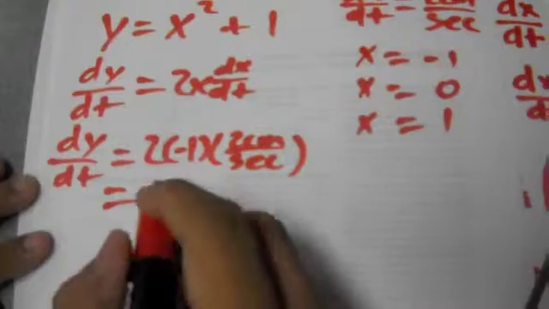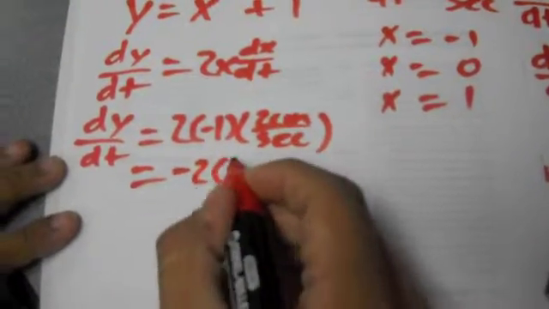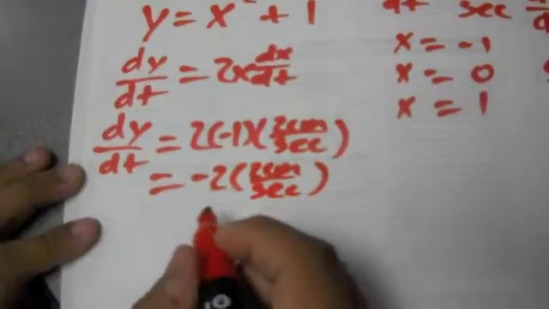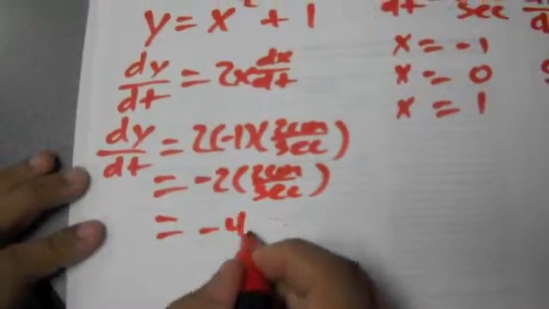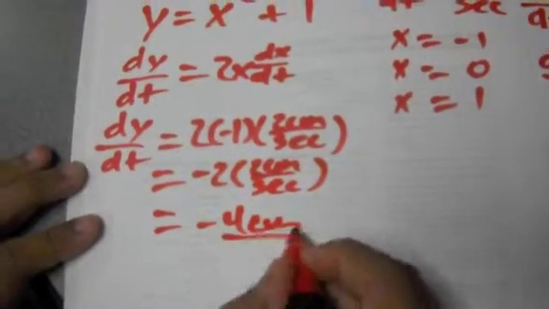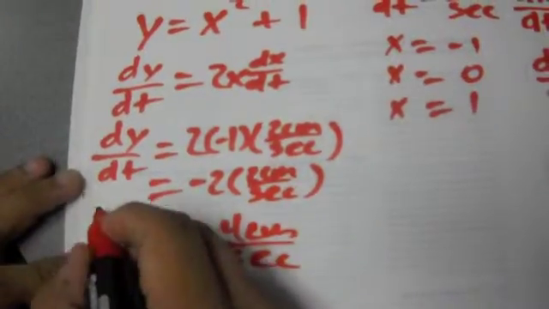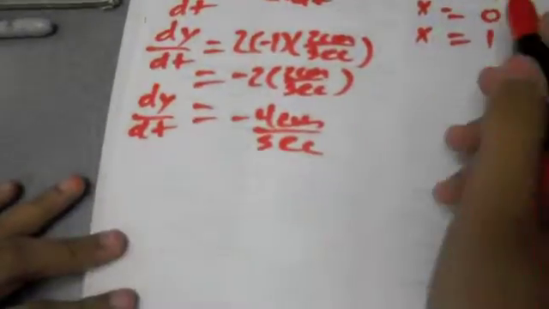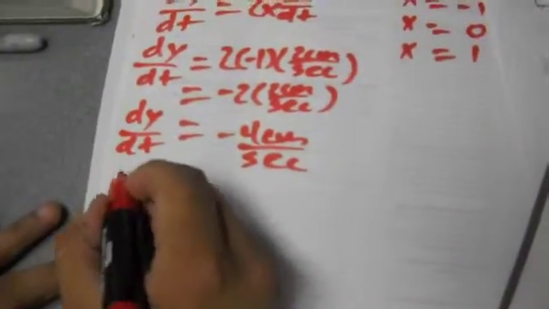And when you multiply this, it'll be negative 2 times 2 centimeters per second, which equals negative 4 centimeters per second. And that's your first answer. Then we're going to plug in 0.